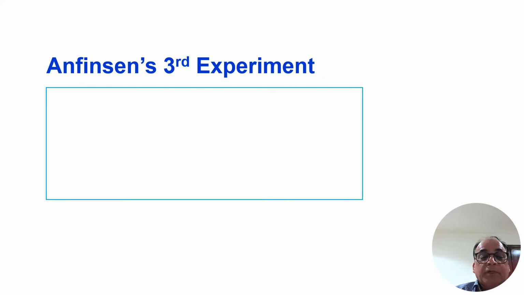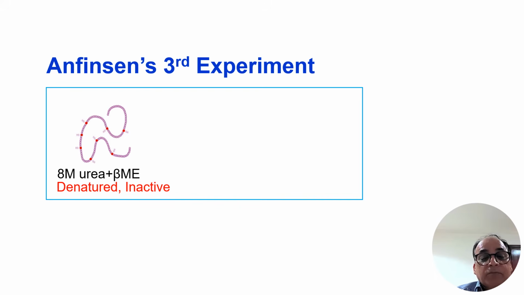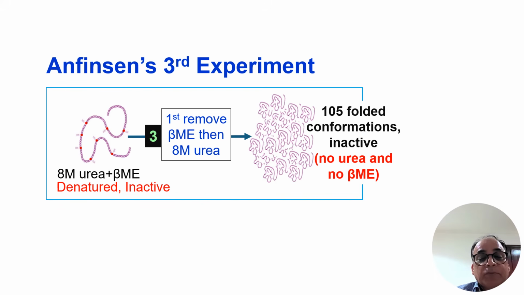So in experiment number 3, he made a slight change in the removal of these components. First he removed beta mercaptoethanol, allowing formation of S-S bond in presence of 8 molar urea, and this is the condition where you expect to see 105 different folded conformations or 105 different S-S bond formations in RNase molecules.